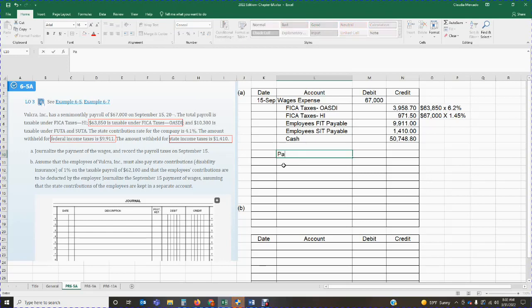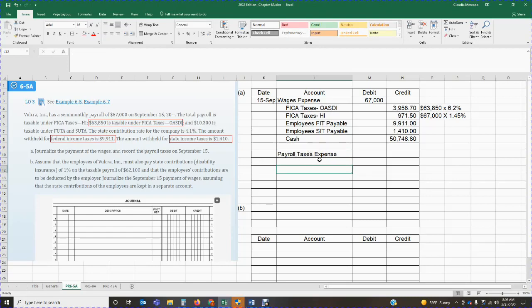So the first entry is we're going to have payroll taxes. It's an expense. Like I said, I like to put the word expense because it's an expense to the business. In Cengage, I believe all they use is payroll taxes. Regardless, it's correct. You should have a drop-down arrow to identify the account, but it should be payroll taxes.